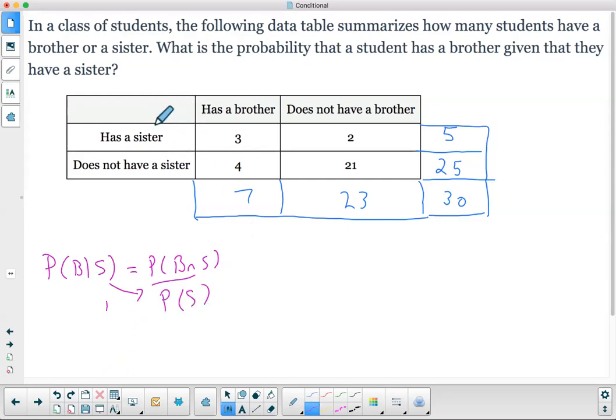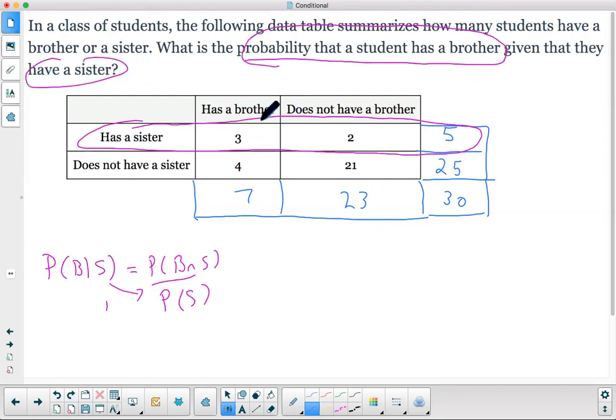So for us, that just means that we're only looking at the people that have a sister. What is the probability that a student has a brother given that they have a sister? So of the people, imagine saying, okay, everybody that's in this room that we surveyed, if you have a sister, we want you guys to raise your hands.